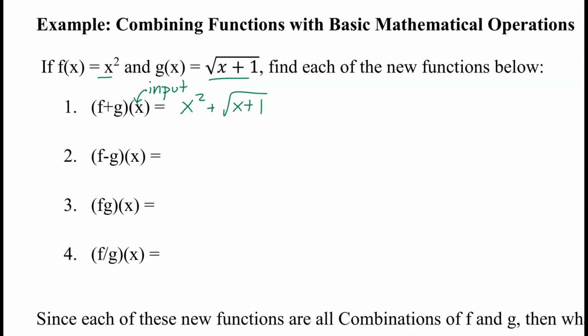Can this sum be simplified any? It's not a trick question. Can't you get rid of the squared and the square root? I can't. The only thing that gets rid of square roots is if I were to square just this, which I can't do because that would technically be changing the value of our answer.